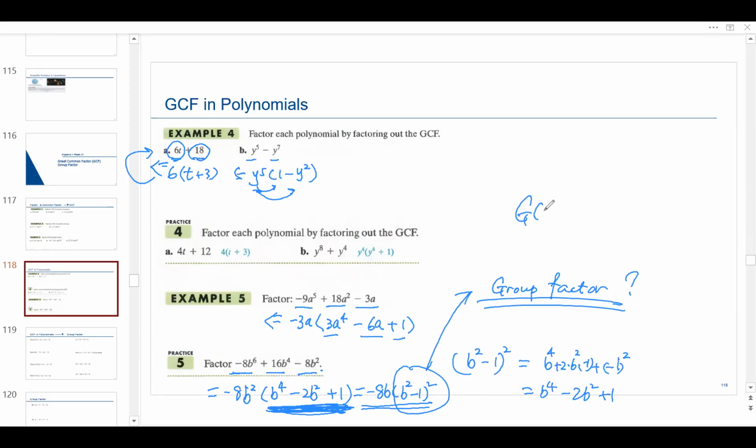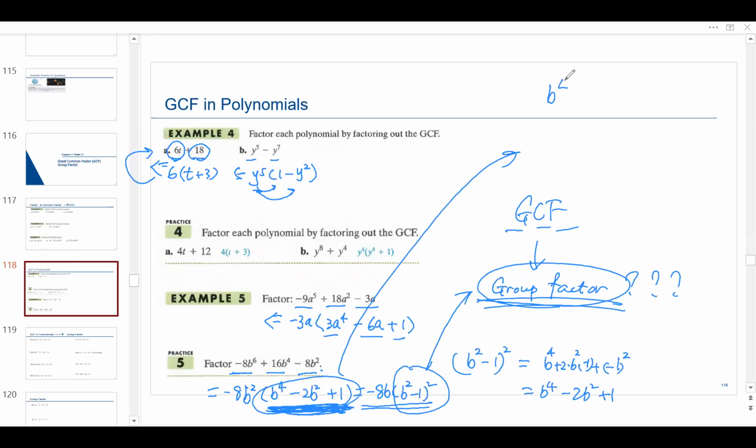You know the GCF, greatest common factor, but what is group factoring? Actually, we break the middle term down into two. You can see this is negative 2b squared, right? So we take this as a group and this as a group, called group factoring.